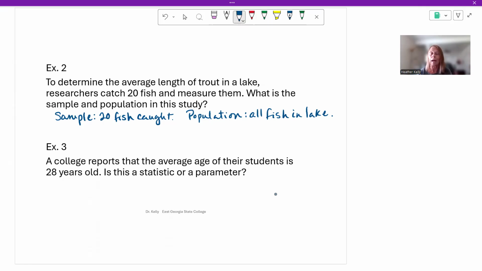So say we were averaging the ages in our particular class right now, we would add up everyone's age and then divide by the number of people in our class, and that would give us the average age. So that means we've done math. We've collected data, we've asked everyone how old they are, and we added it all up and divided it. We calculated something out of it. So this would be a statistic.